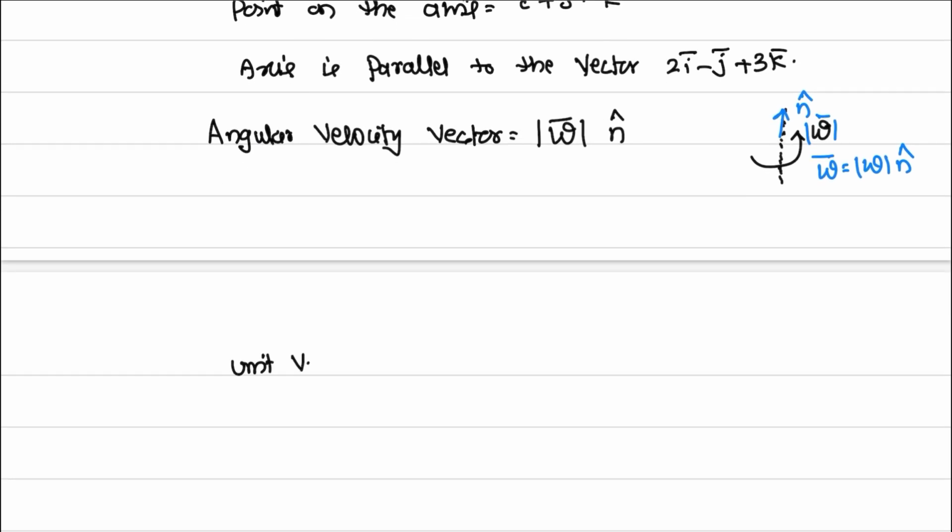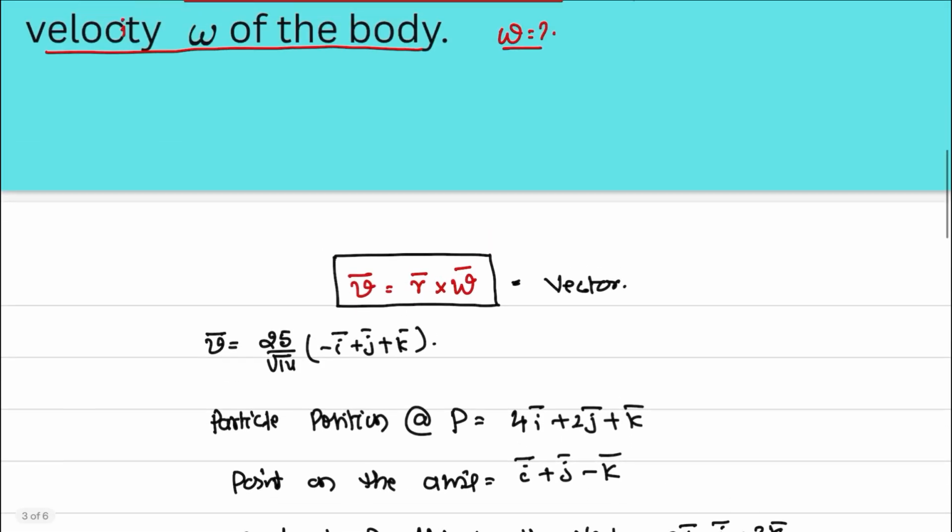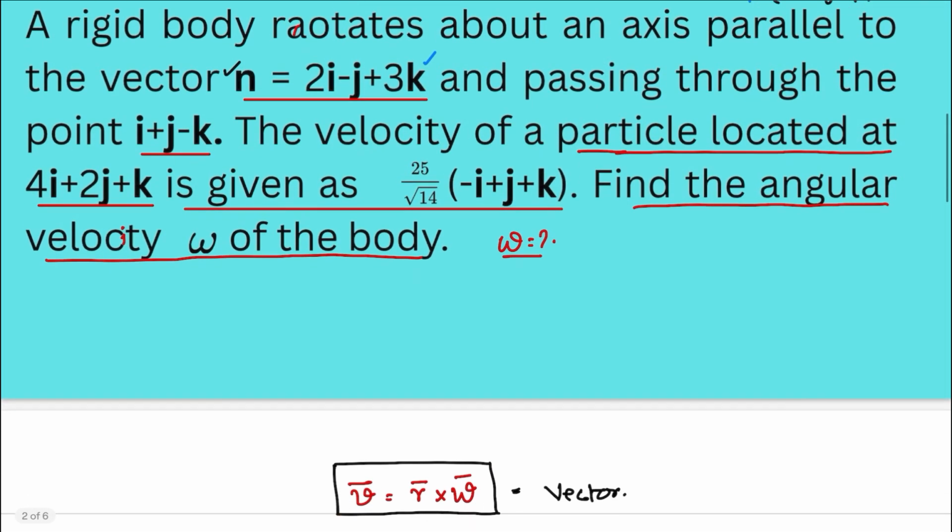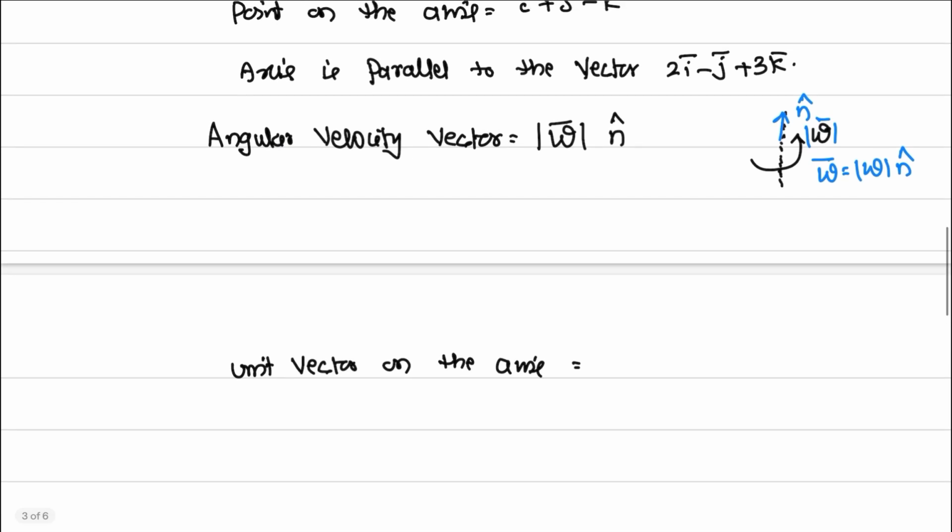Unit vector on the axis is equal to, because unit vector parallel to the axis or on the axis will be same, unit vector is vector divided by its magnitude, that I have told you many times. What is this vector? 2i minus j plus 3k.